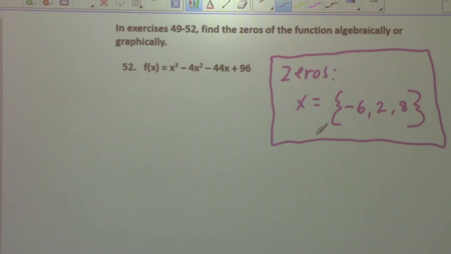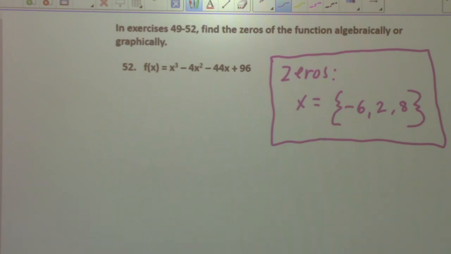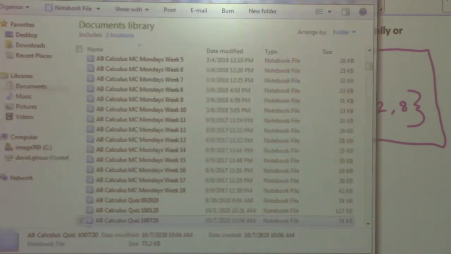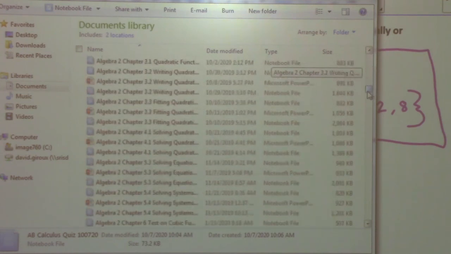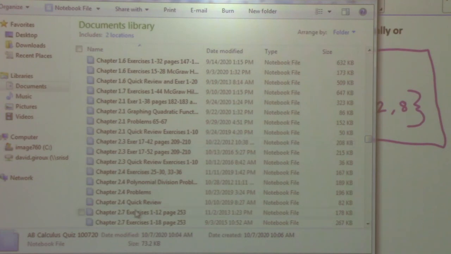Let's see if I have it here. No, I don't have it up here. Chapter 2.4. There we go.